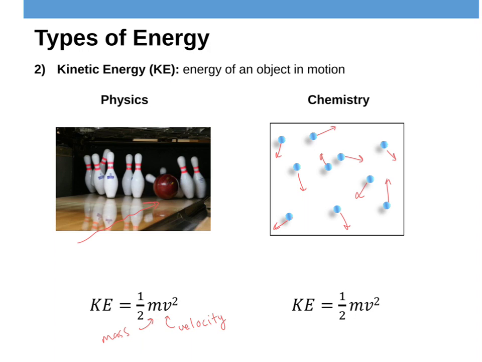And so since they're moving, they also have kinetic energy. So we have almost the same equations for chemistry and physics in this regard, right? We've got little particles that are moving around. Again, I drew a gas, but even liquids and solids have particles that are jiggling, right? They're always constantly moving, so they always have some kinetic energy. And for us, don't forget that we said that this equation is proportional to our temperature.